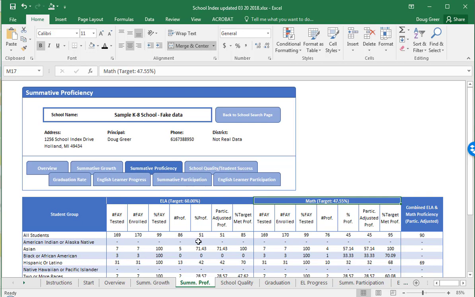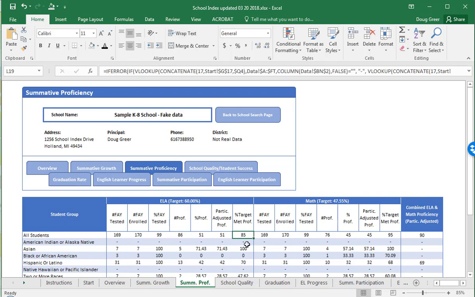This here is an example of a school that did not meet the target. They had 51% of their students that were proficient, but the system is going to inflate that score because instead of reporting 51%, we're going to report that they had 51 of the 60% target, or they had 85% of the target itself.